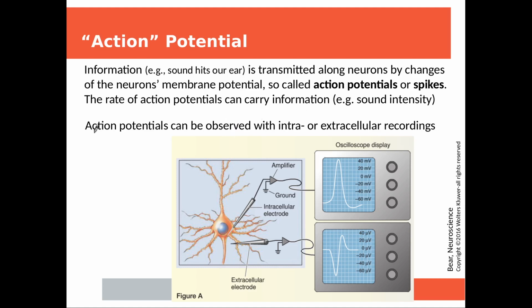And so you can actually see action potentials, or you can see the membrane potential either inside or outside of the cell. If I measure outside the cell, the extracellular potential, I'll see when the cell fires an action potential. When it does that, you'll see the ions get sucked inside the cell, right?